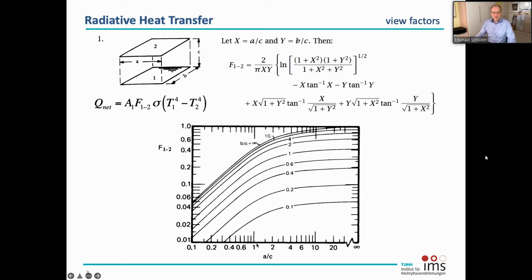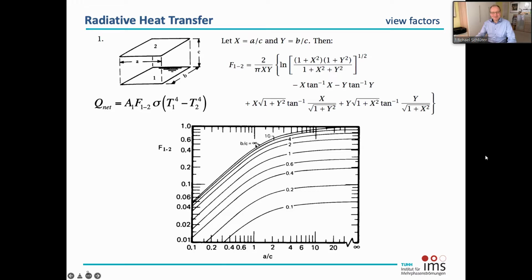And here we have a graph. So this is nothing else than this equation. But here we have the view factor, and here we have the ratio of the two lengths A and C. Let's have a look what it is. A is here the width of the plates, and C is the distance of the plates. Now the question is, where is B? And B is here in these different graphs.